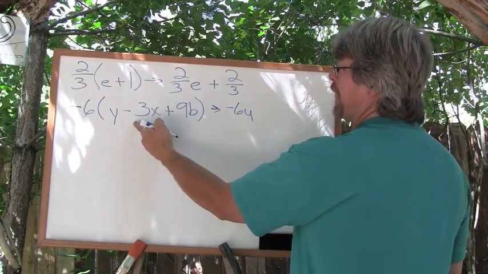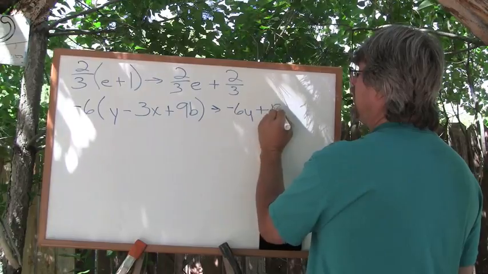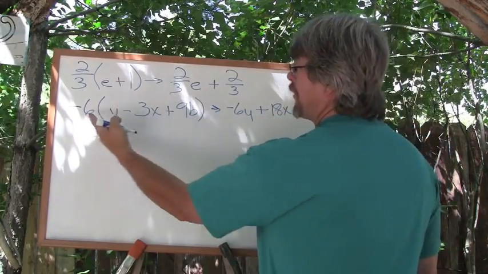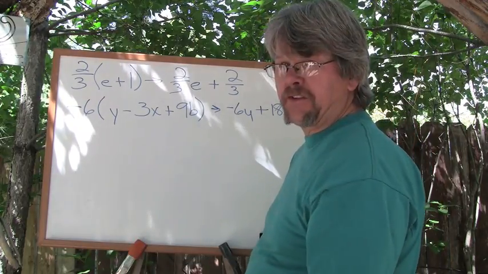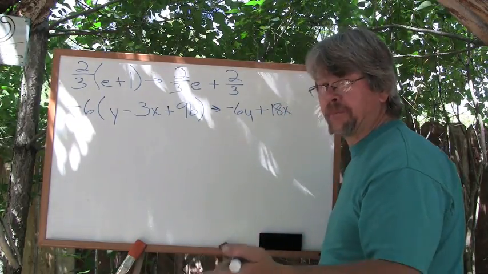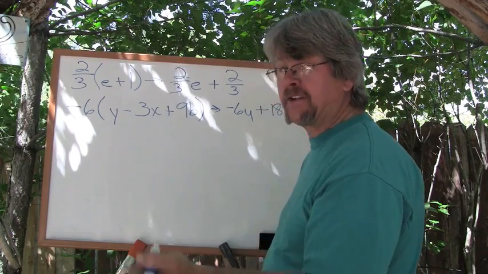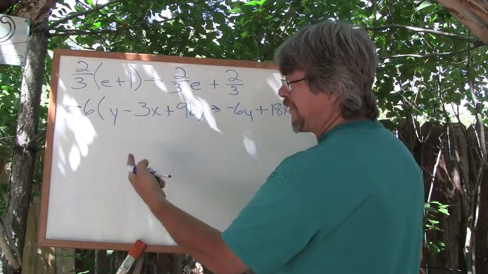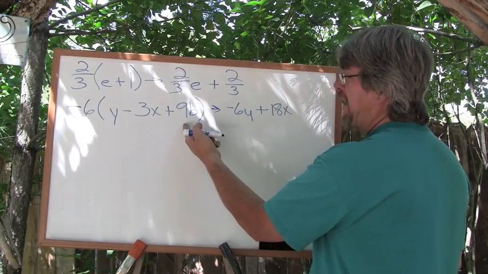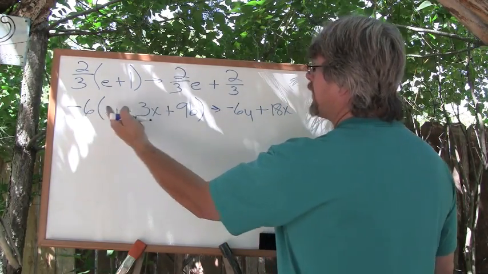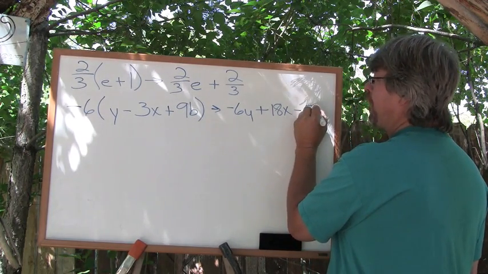Negative 6 times negative 3x is positive 18x. Remember, a negative times a negative is a positive. Tell yourself this a trillion times until you can just simply do it. We do it with the English language in order to talk and write. Do it with mathematics. Math is the language of science. Negative 6 times positive 9. A negative times a positive is a negative 54b.